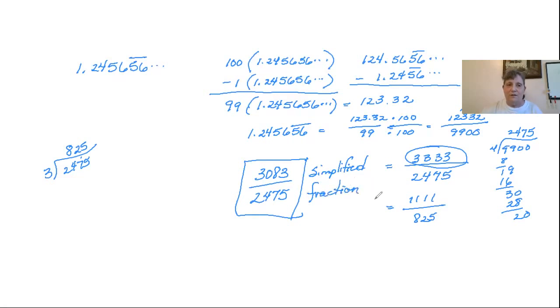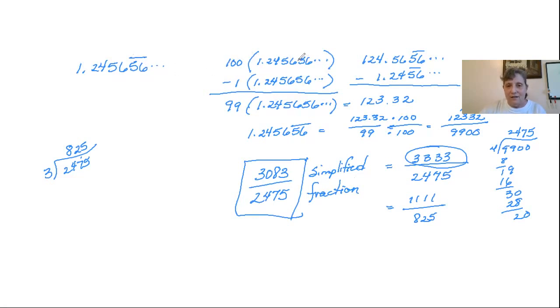Of course, that wasn't a very simple one, but it shows that you can actually do anything this way. So that's how you do it. You multiply it by the power of 10, where the power is the number of repeating digits.